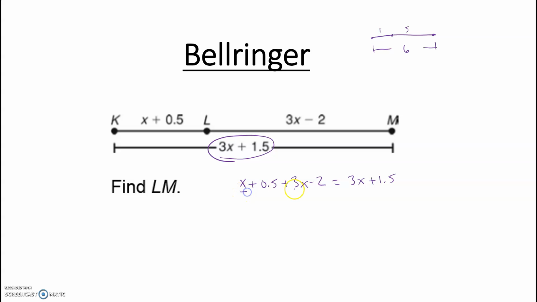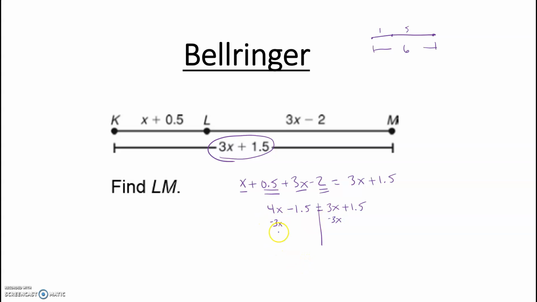So let's combine like terms. 1x and 3x makes 4x. 0.5 minus 2 makes negative 1.5. And we're going to bring all this down. 3x plus 1.5. Now whatever we do to one side, right, we do to the other. So I'm going to subtract 3x from both sides. You could have started elsewhere.